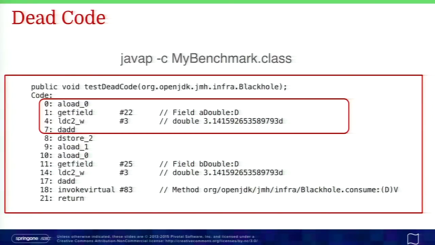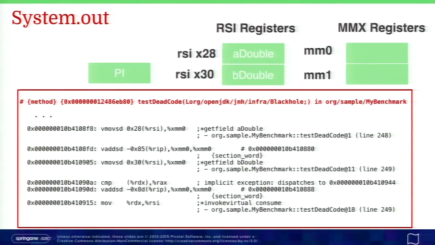And then I can go run with that PrintAssembly flag again, pull up my test dead code optimization, and I can see here I have a double, and then it's getting added. This is all being done in an XMM0 register. And then here I'm seeing the bDouble work.